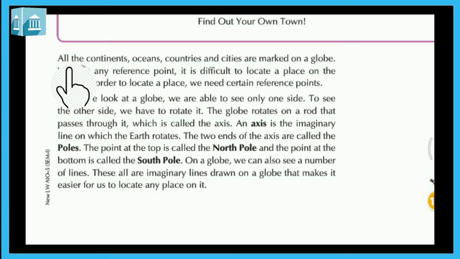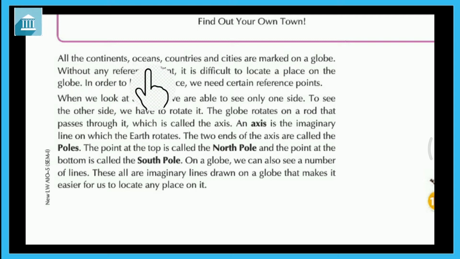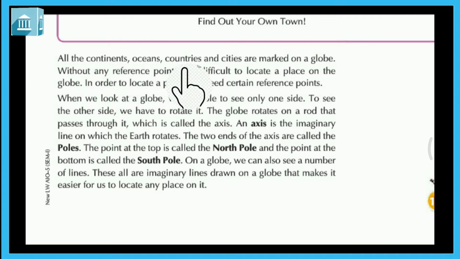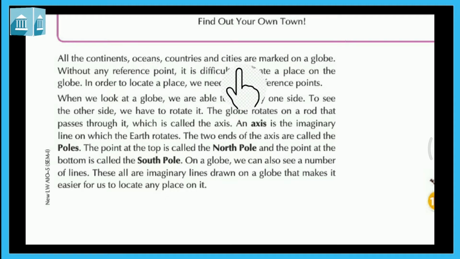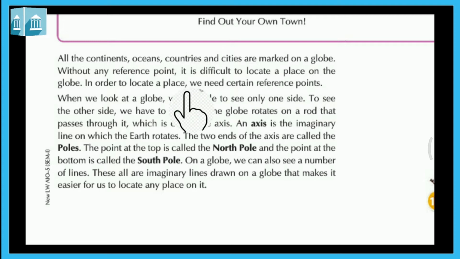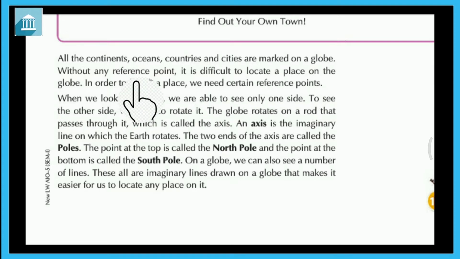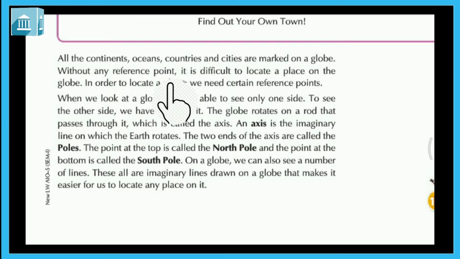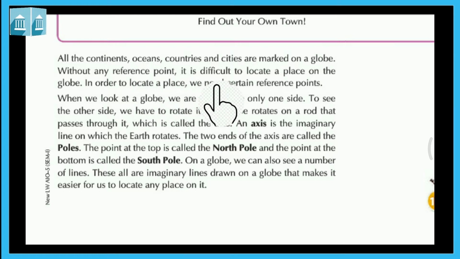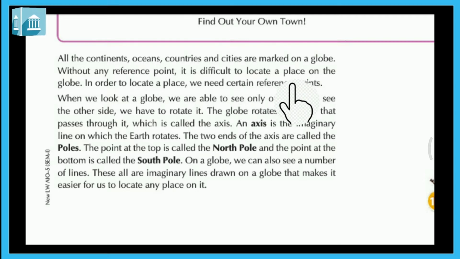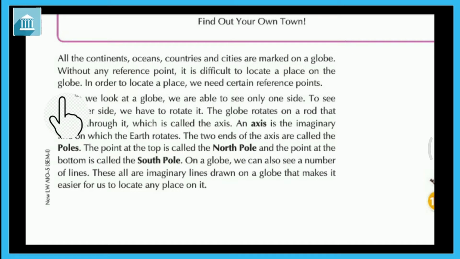All the continents, oceans, countries and cities are marked on a globe. Without any reference point, it is difficult to locate a place on the globe.